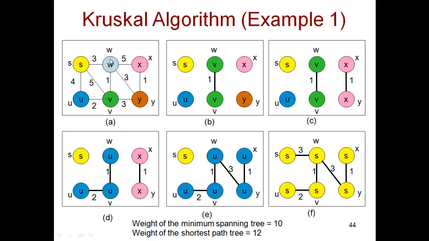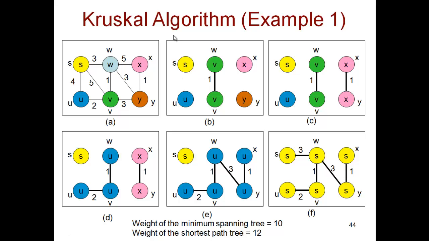So now when we pick this edge WV, we want to check whether the two end vertices are in two different components, and they are. W is in component W, V is in component V, so we can merge the two components using that edge. When we merge the two components, we have both vertices in one component, so we need to relabel the component ID.